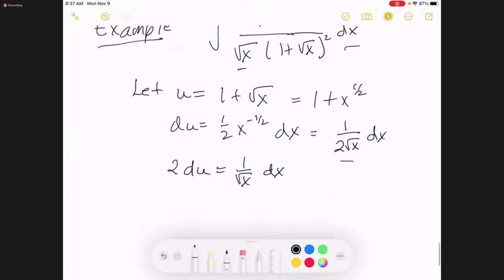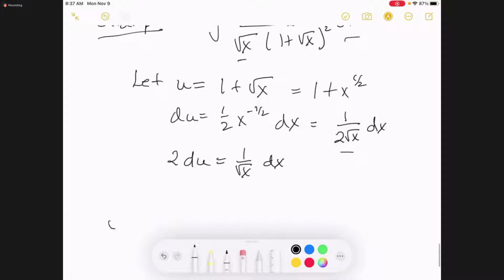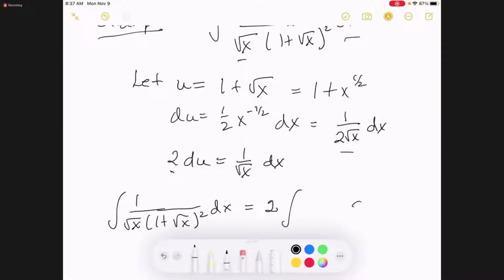So it is going to be, okay, I'm going to pull the 2 out, and then I've got du. Remember, du is all of this.